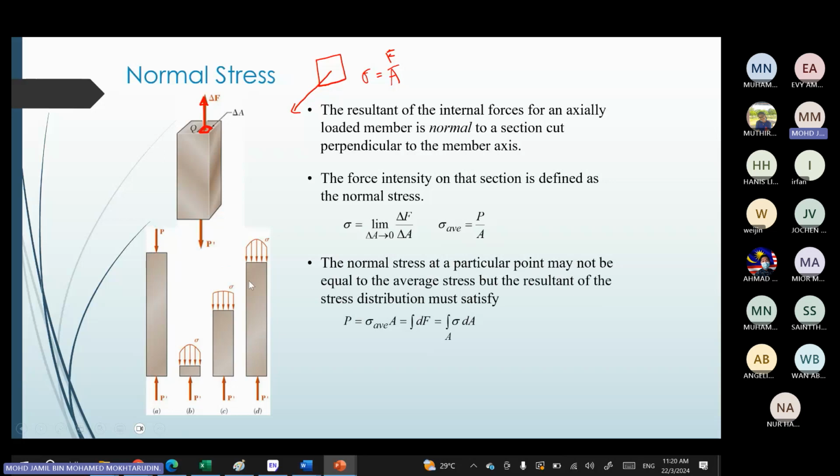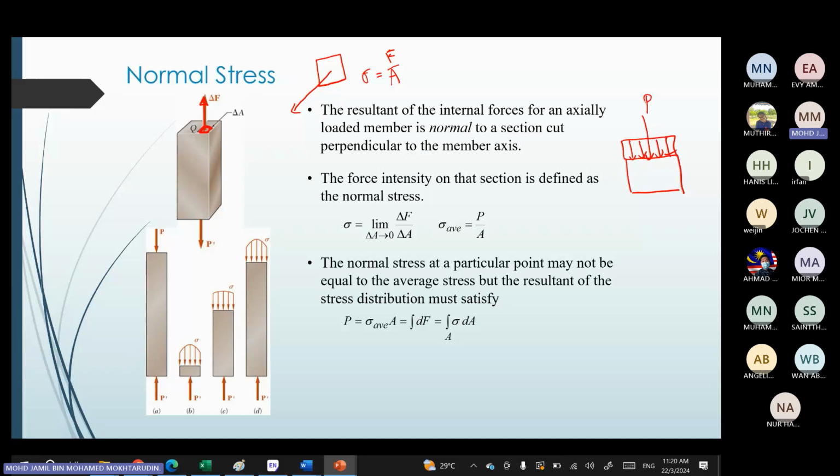What I'm trying to say is, if you have a force P here, but you look at how the force or the stress is distributed on the structure or on the surface, it will not be uniform. Let's say you have a square structure and a force P. The stress is not distributed equally on the surface.